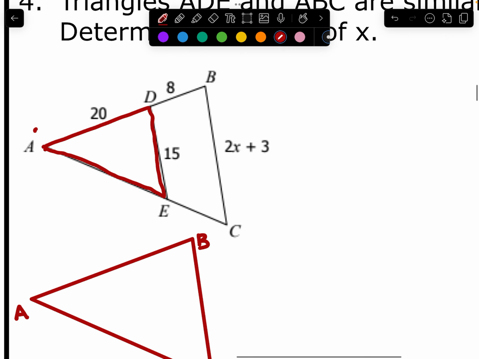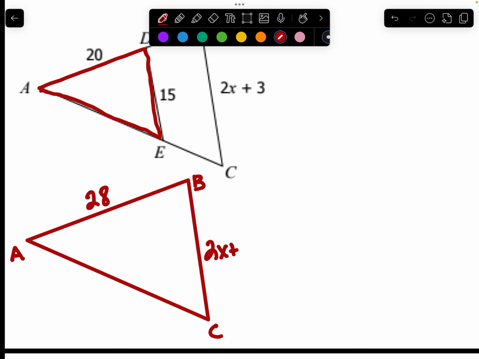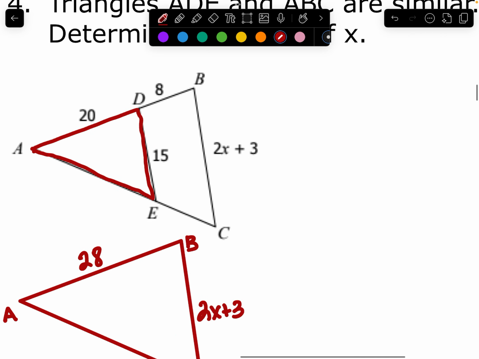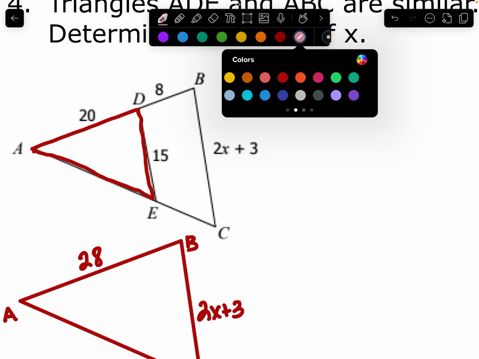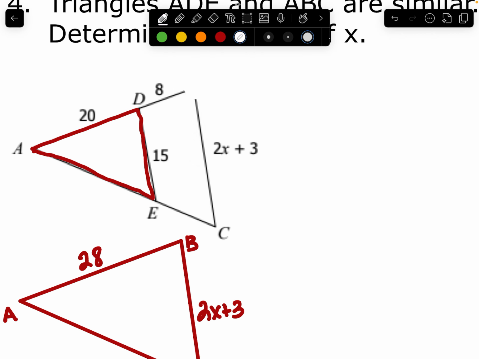And the side of that bigger triangle is 28 right here. AB is 28. BC is still 2x plus 3. I'm just going to white out the rest of this so you can see what I'm saying here. Oops, I need that 15, don't I?